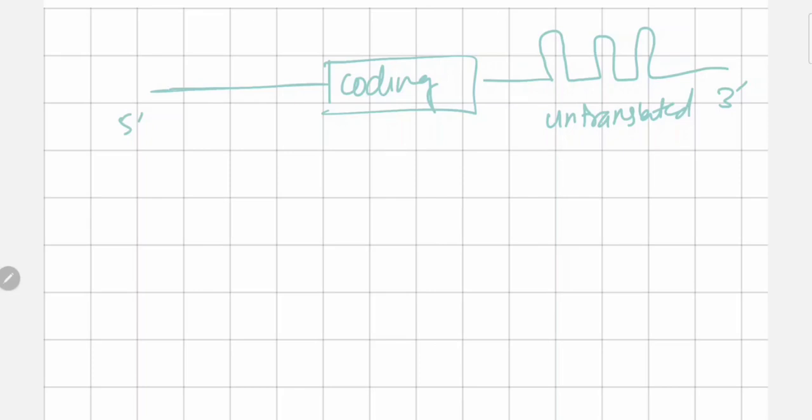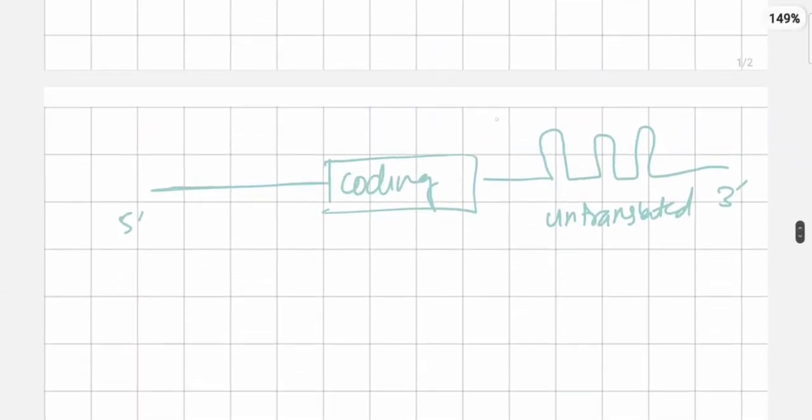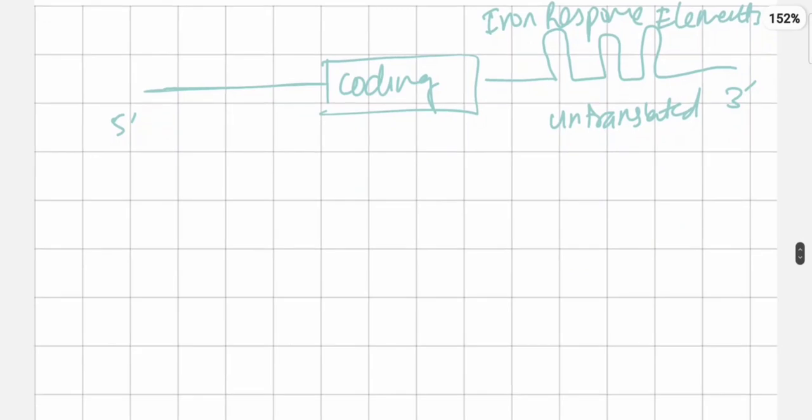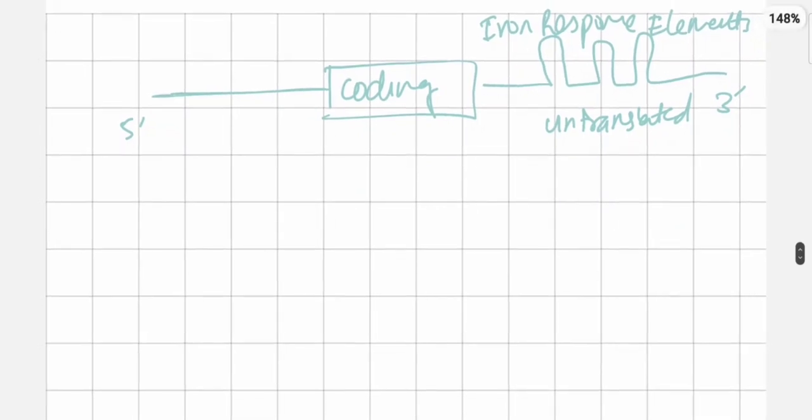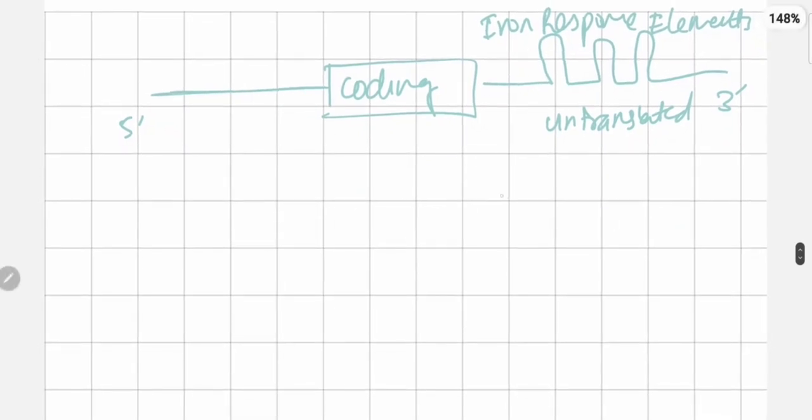The untranslated 3' end has iron response elements. These loop-like structures are iron response elements. Remember, these response elements are in the mRNA, not like before, when we said they were in the DNA. These iron response elements get bound by a regulatory protein called the iron regulatory protein.